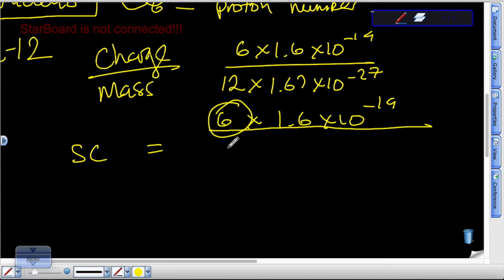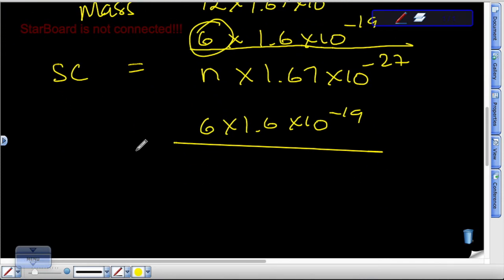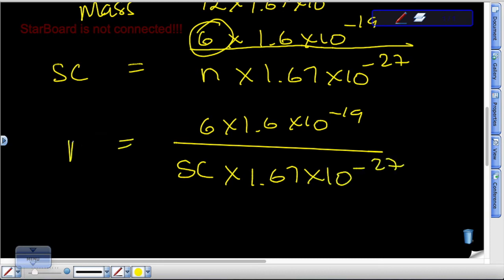You just have to work out the nucleon number. So that would be 6 times 1.6 times 10 to the negative 19, divided by the value they've given you for the specific charge times 1.67 times 10 to the negative 27, and that gives you the N.